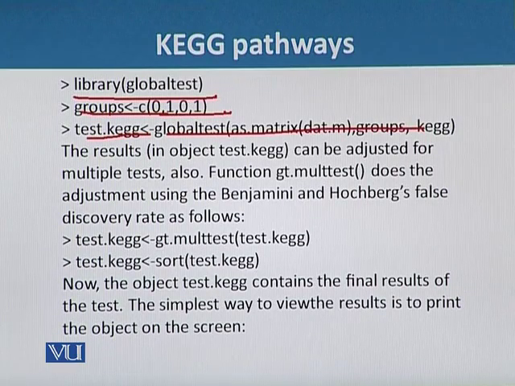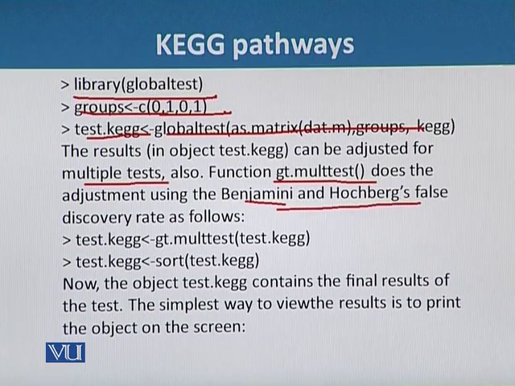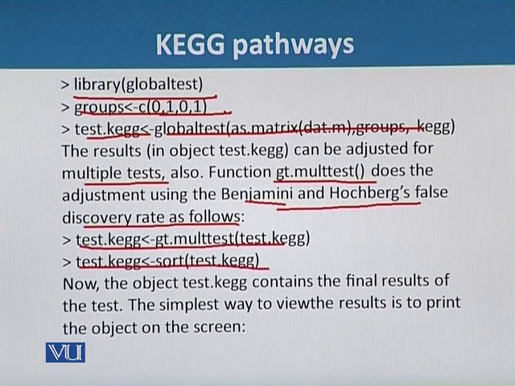The results can be adjusted for multiple tests, and this function gt.mult.test does the adjustment using the Benjamini and Hochberg false discovery rate as follows, and we can use these commands to adjust these false discovery rates, and then the object test.kegg contains the final result of the test.